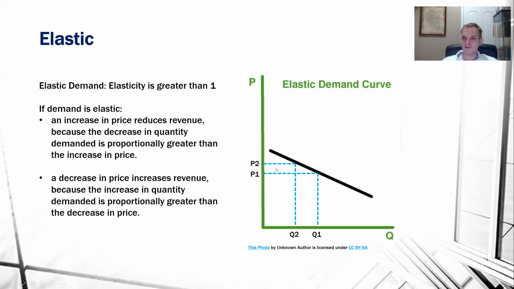Now we can visually see that the change from P1 to P2 is relatively less proportionally when we look at the change in quantity. This again is just an indication that the consumer response in this hypothetical market is relatively elastic.